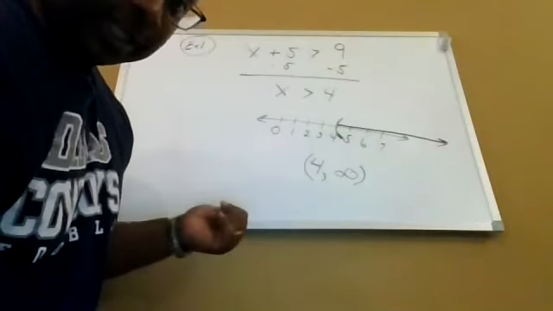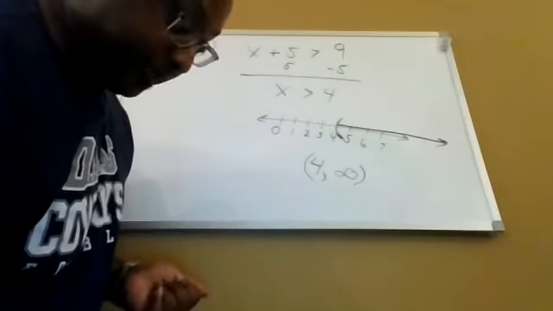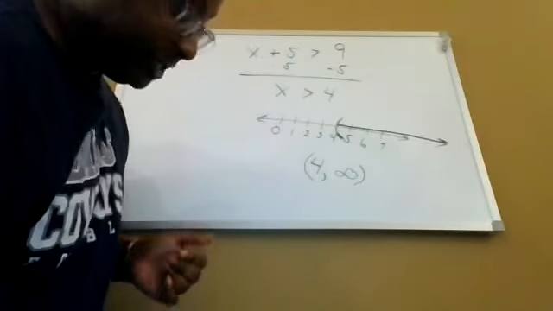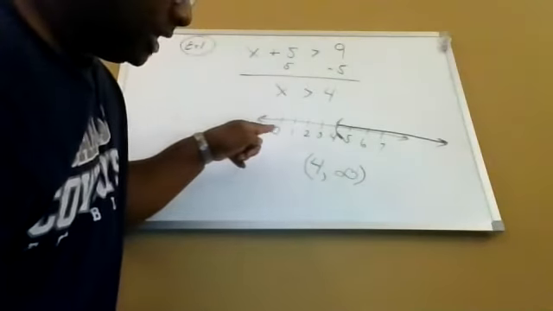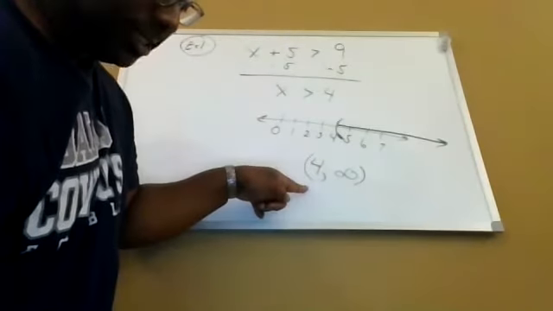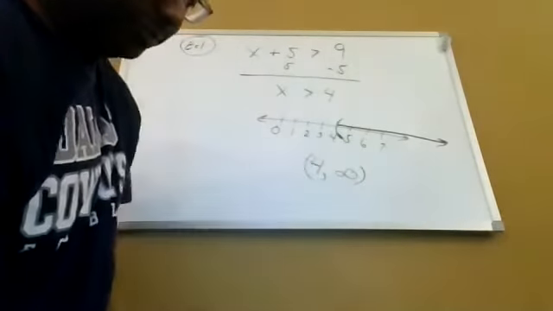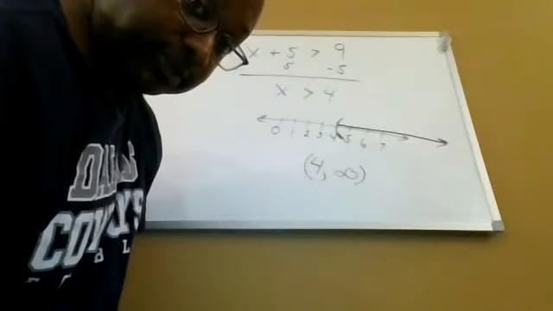So for the inequality x plus 5 is greater than 9, we solved it and got x is greater than 4. We graphed it on a number line, and then in interval notation, this is what we have. Okay, that's problem 1.